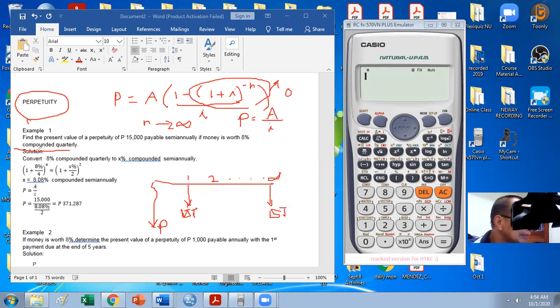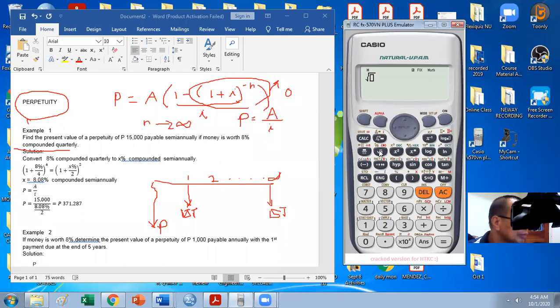Kaya lang, ang given is compounded quarterly. So, kailangan convert mo muna siya sa what? Compounded semi-annually. So, ito yung formula, 1 plus 8% over 4 is 1 plus x% over 2. Computin lang natin yun.